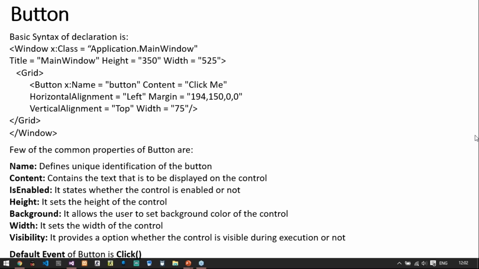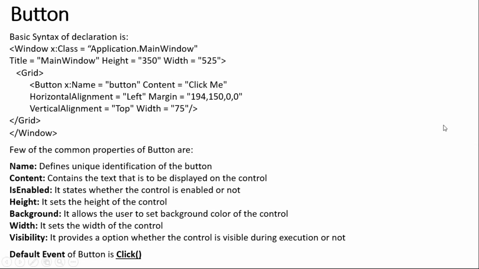Fine. So moving ahead, the next control is label. So how to declare a label? Grid, Label x:Name equals to label, Content equals to Hello World, and the tag is over. Again the same properties: Name, Content, IsEnabled, Height, Background, Width, Visibility. But what is the default event of, sorry, not button but label? It's a printing mistake from my side, copy paste.